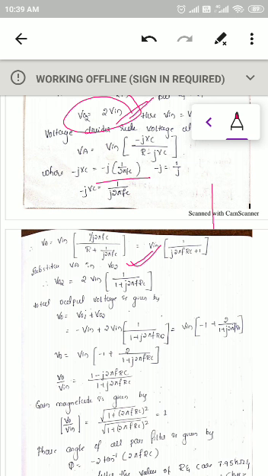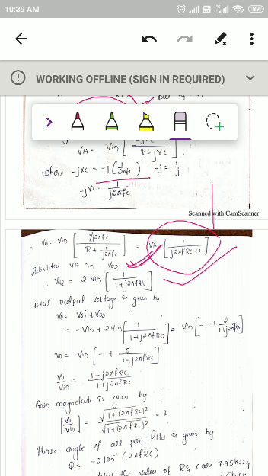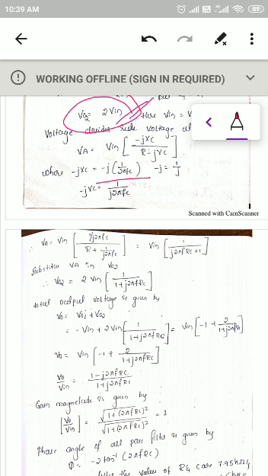So substitute Va in Vo2 and rewrite your equation. We'll get 2 into Va is Vn into this much. Just substitute it and you will find this particular equation.